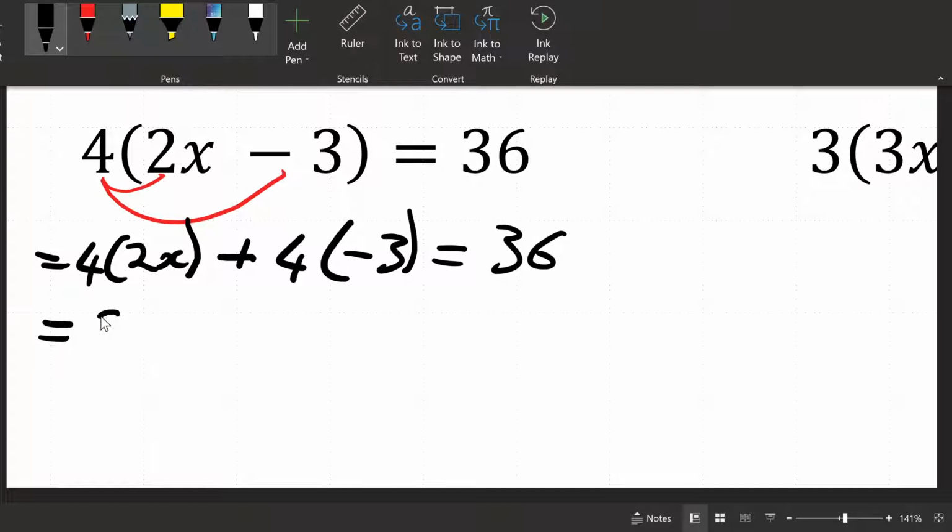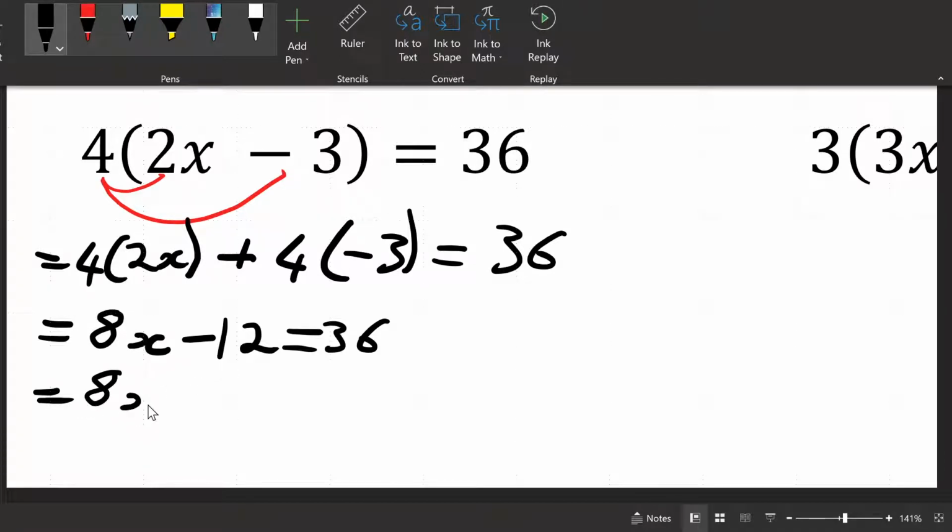From there, 8x minus 12 equals 36. We're going to add 12 to both sides, so that cancels out the 12 on the left and we end up with an extra 12 on the right hand side.